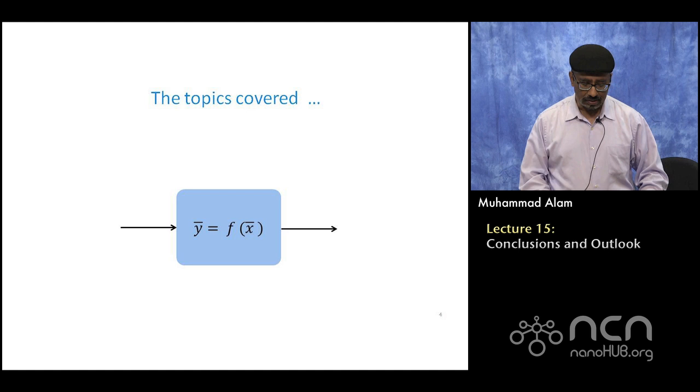These are the sort of things that we see as the output of an experiment. And X are the variables that lead to this. For example, for the gate dielectric breakdown problem, these would be the voltage that you apply across the oxide, or the temperature across the oxide, and so on and so forth. And often our goal has been to find out the function that connects the input to the output.